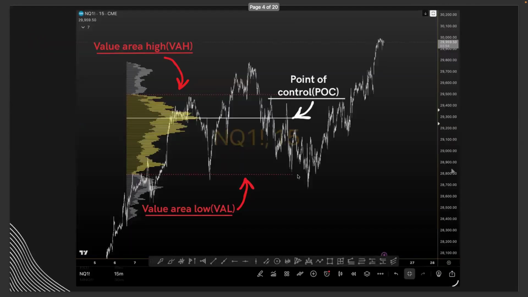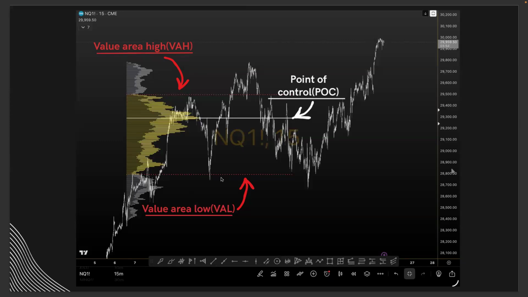It looks like this, right? Mine are marked red for the value areas and white for point of control, but you can mark it any color, it doesn't matter. As you can see, point of control here is the highest volume in this whole volume profile.